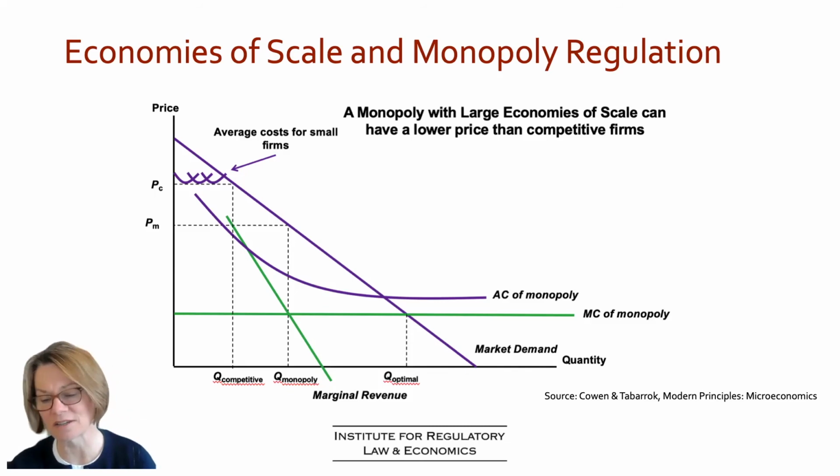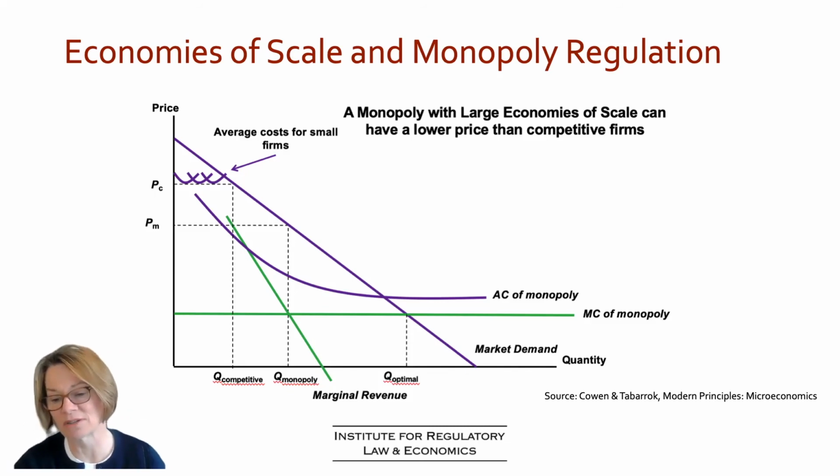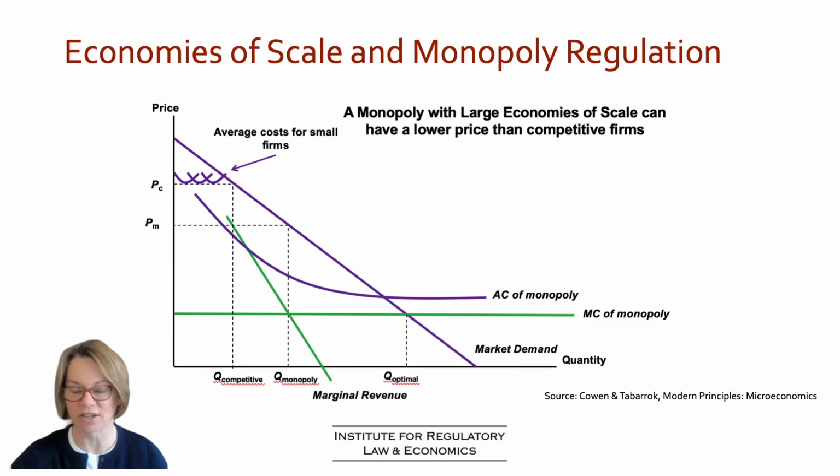And so that's the fundamentals of the natural monopoly model and the justification for a regulated price. And the regulated price is the benchmark, the theoretical benchmark for the regulated price is to try to set price equal to average cost, where that demand curve intersects the average cost of that economies of scale cost structure.